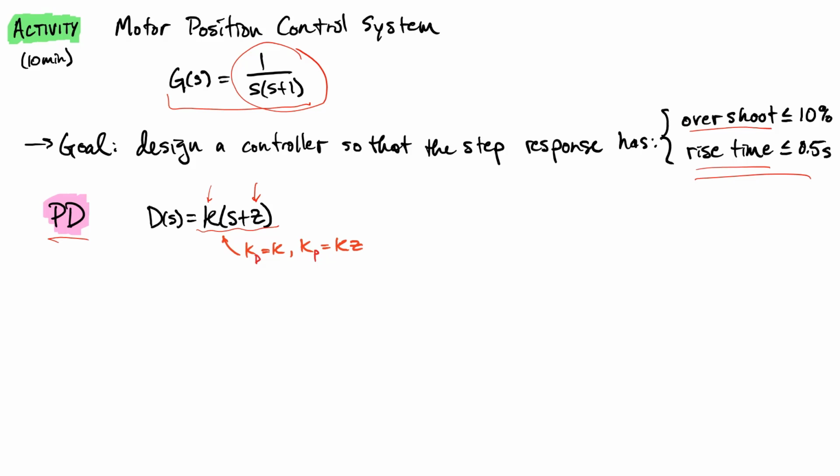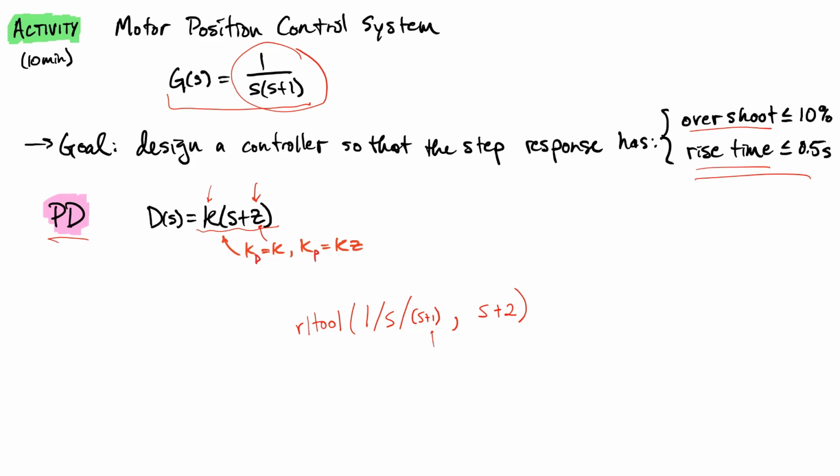If you do run it from the MATLAB window, you'd call RL tool, and then you'd write in your 1 divided by s times s plus 1 as your plant, comma, and then you would give it a transfer function, and you need to give it an initial guess of this zero location. So in this case, you don't want to put it, say, at the same spot as this pole, so maybe I'd go ahead and place it at 2. And I would run with this.